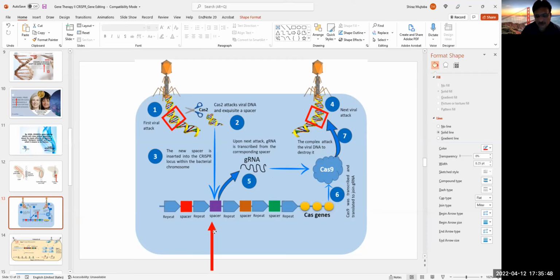So this spacer that transcribes RNA, this RNA is called gRNA. How many RNAs have you studied until now in molecular biology? mRNA, rRNA, tRNA, non-coding RNA, siRNA or RNAi, and this is the fourth or fifth or sixth one you are studying, called guide RNA, which is part of the CRISPR-Cas9 system that gives protection to bacteria from viruses.